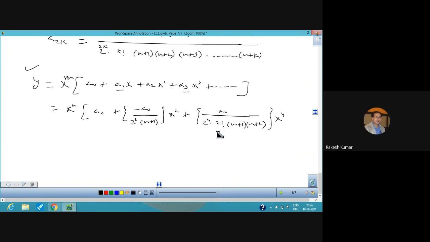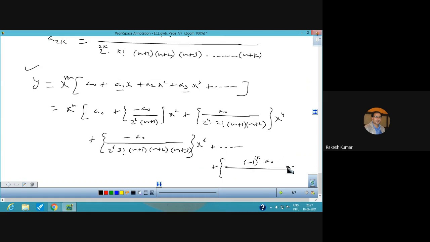Your next value will be a6, and for a6 you will have negative a naught over 2 raised to power 6, 3 factorial, n plus 1, n plus 2 and n plus 3, together with x raised to power 6. Now you can write down the general term, and the general term coefficient will be -1 power k, that is a naught.